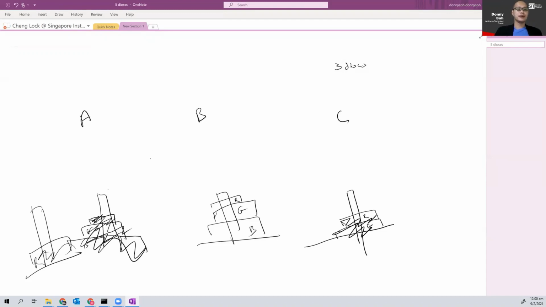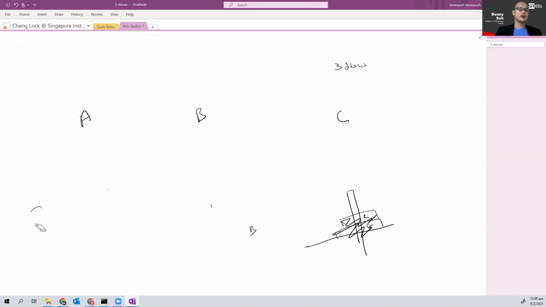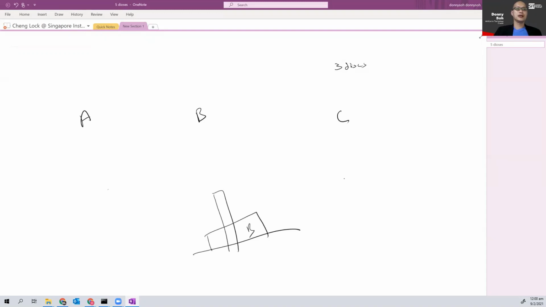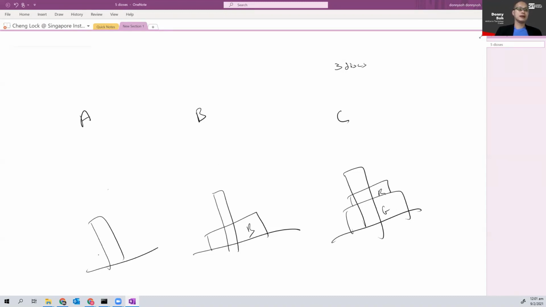For example, in the last shift, we already have R, G, B here and R and G here, and we could not shift this directly to B. We have to make use of the intermediate pole, shift R here, then shift G to B here, and then shift R to here.